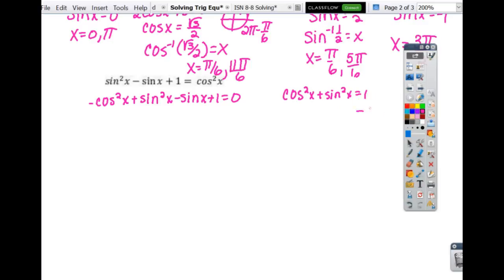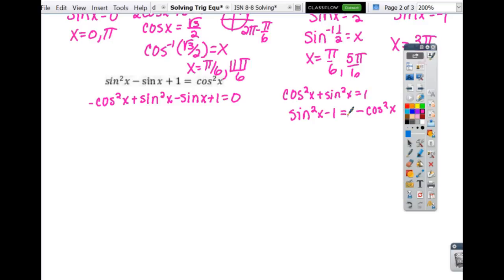It's negative cosine squared of x. So what do I have to do with the 1? I need to move it to the other side, right? So I get sine squared of x minus 1 equals negative cosine squared of x.